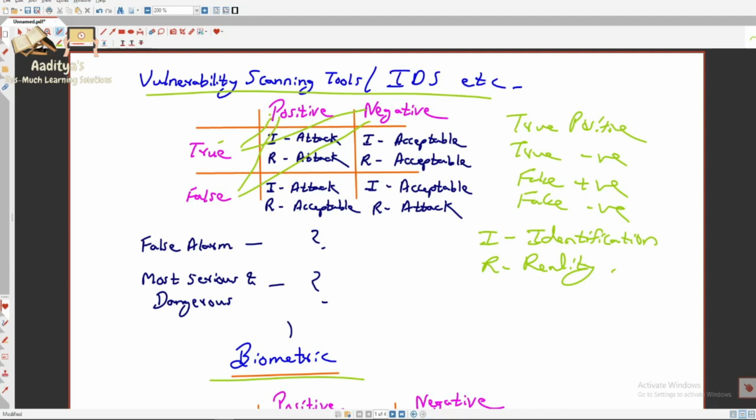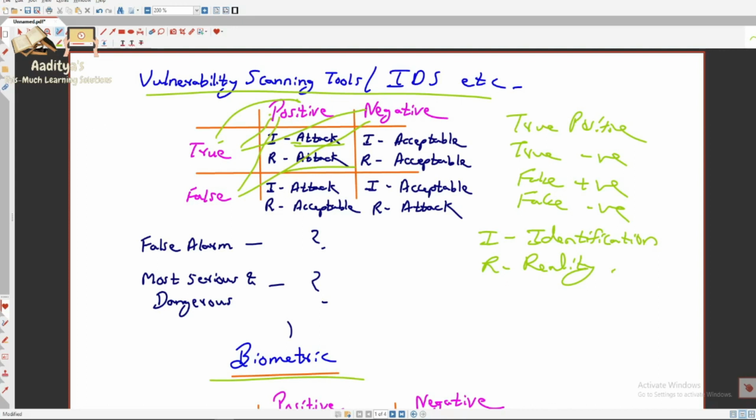Now true positive means identification: it identifies it as an attack, and the reality is also like that, it's an attack. So basically in case of true positive, the IDS or the vulnerability scanning tool identifies that particular activity, that particular event as an attack, and in reality also it's an attack.